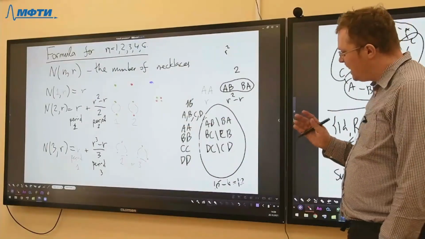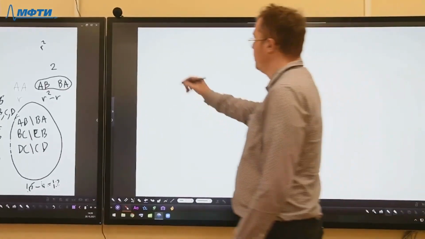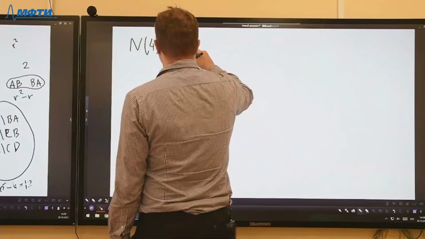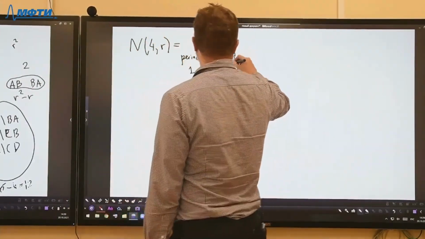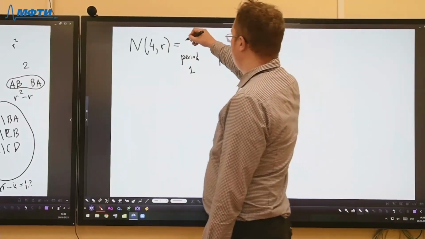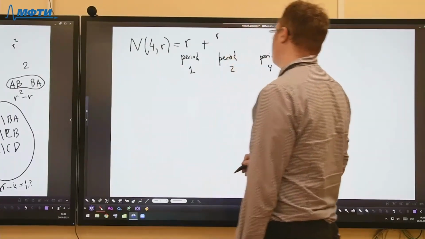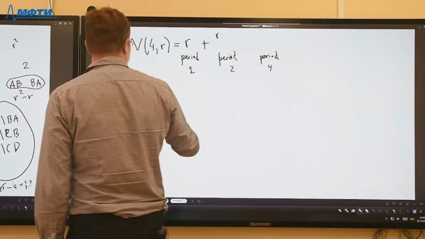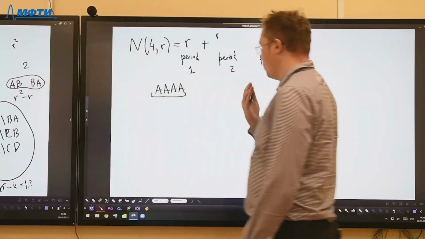But then it becomes a little bit complicated because, for example, for n equals 4, we have three types of periods: period 1, period 2, and period 4. Period 1 will be the same. Period 2 will actually be the same too, but I need to explain this. Period 1 is the word consisting of only one letter. What does it mean that a word has period 2?